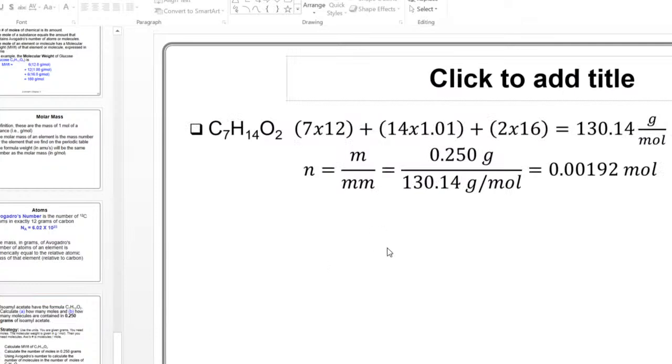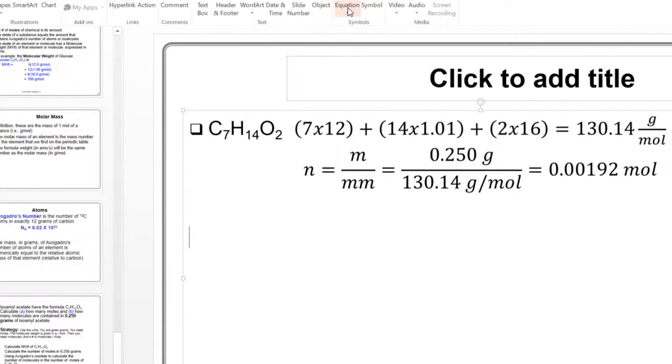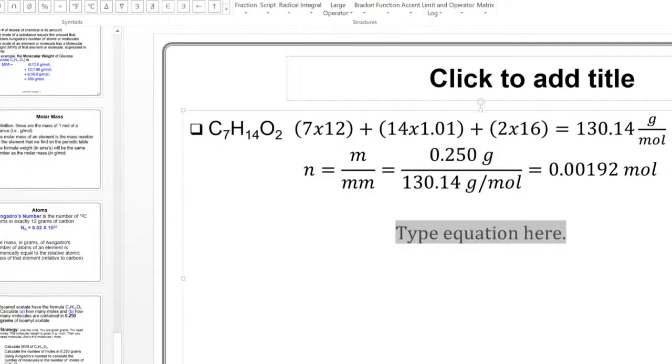Okay, and then part B, how many molecules are contained in this same amount? Okay, so this is where we use Avogadro's constant, and we know that 1 mole contains 6.02 times 10 to the power 23.